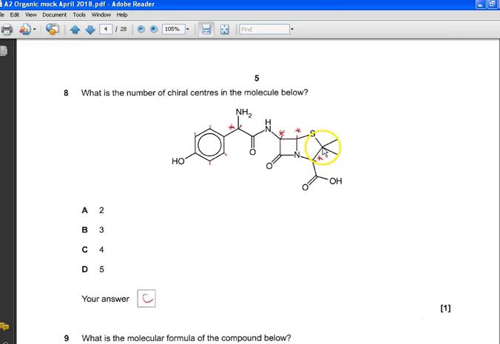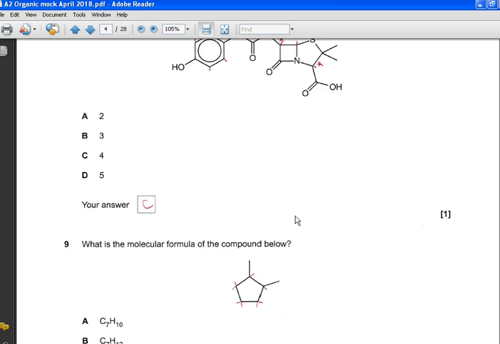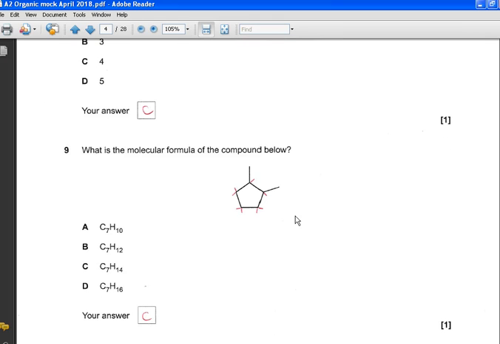So it's really looking at these carbons that you're not sure of. If you stick the hydrogens in quickly, then you can see where the chiral centres are, and there are 4 of them. Molecular formula, again, unless you're very confident, just put in the hydrogens and count it up. Very straightforward. Don't forget these have got carbons on the end. These are CH3s.